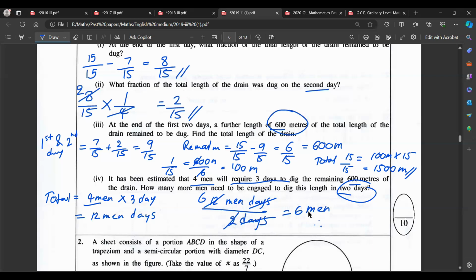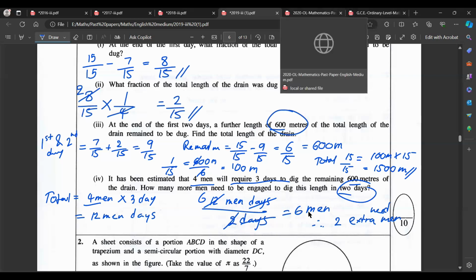Therefore you need 2 extra men. They have 4 men now. You need 6 men for finishing in 2 days. So you need extra 2 men. Okay. Clear? I have to do it like that, no?